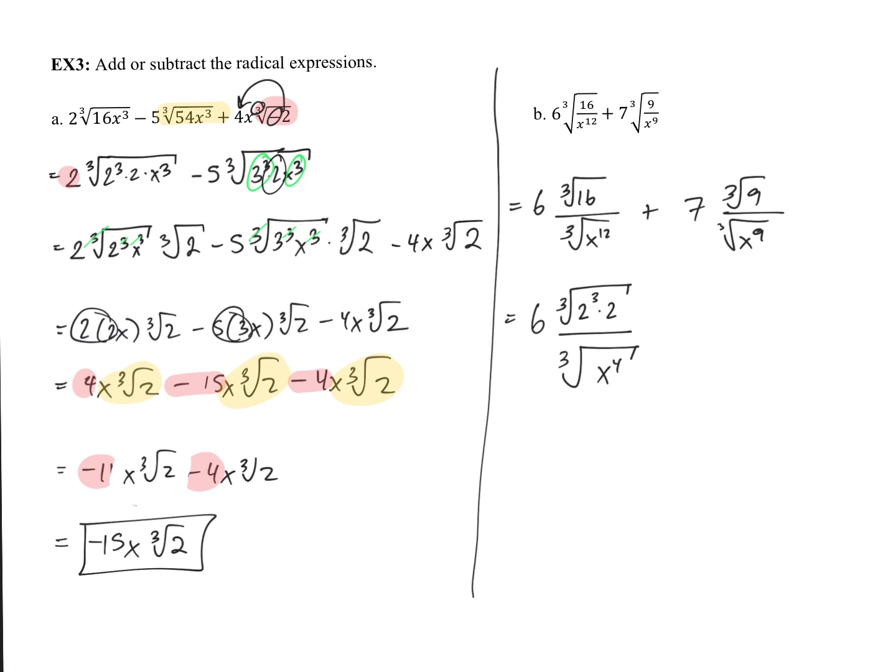Once again, what are we doing? We're trying to simplify the radicals. So we're trying to rewrite everything in terms of the index, which happens to be a 3 for this problem. Plus 7 and 9. We can't simplify 9 because that's just 3 squared. So 9 is stuck.